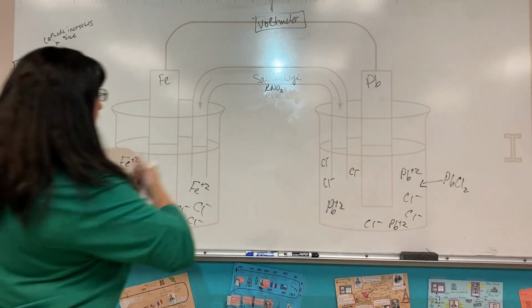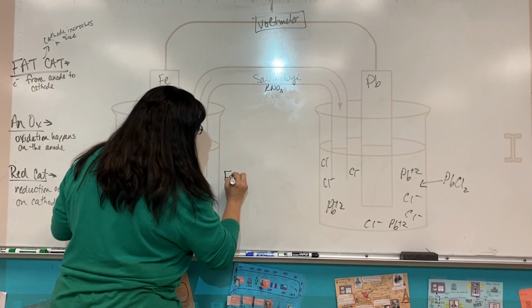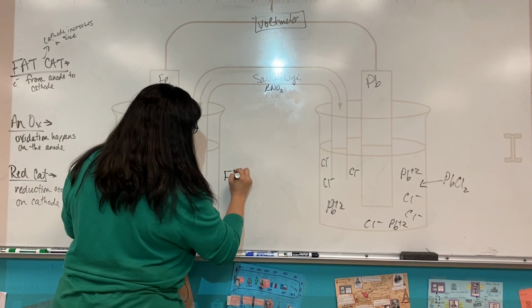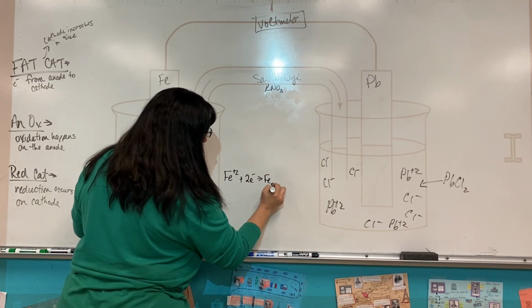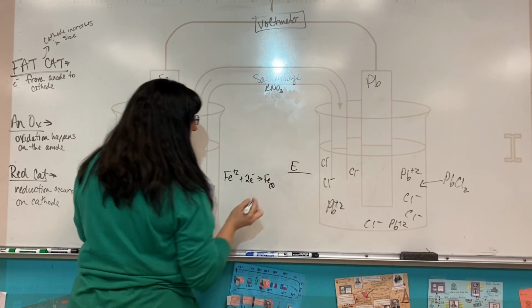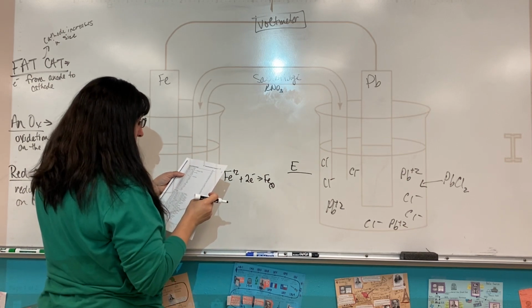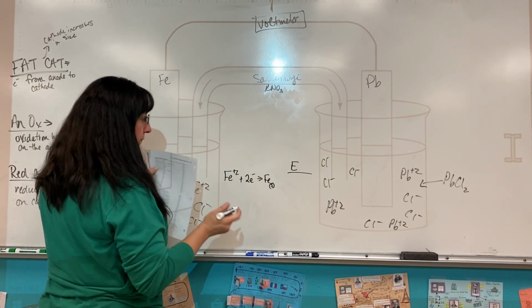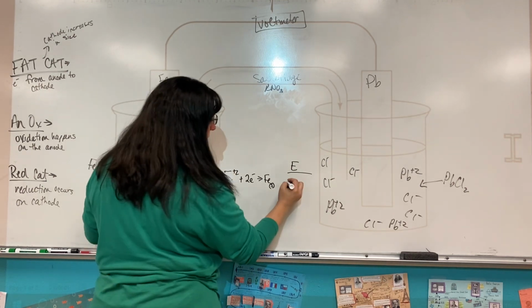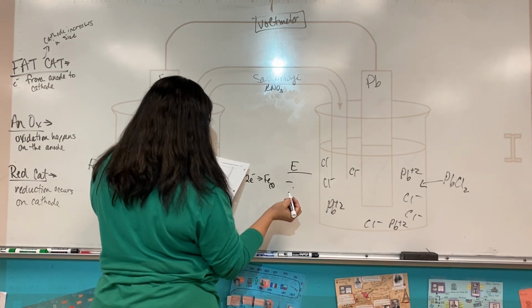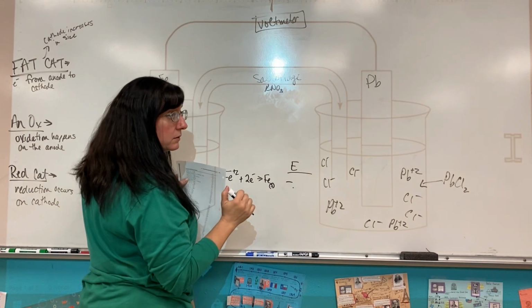So if I have Fe +2 plus 2 electrons goes to Fe solid, what is that E value for it? What is that value?